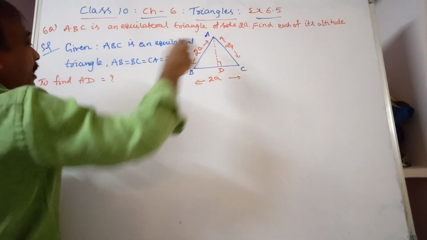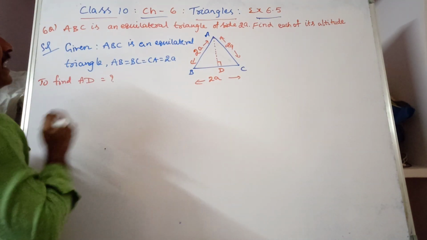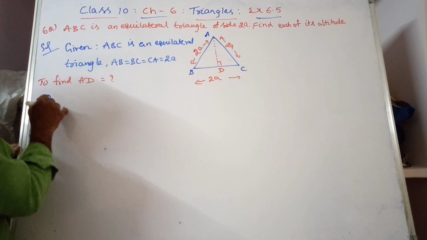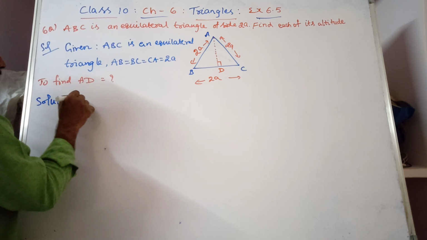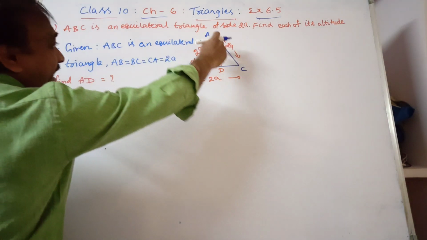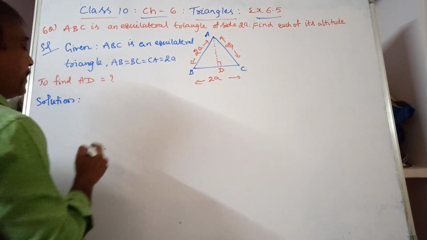So each altitude, what is AD here? AD is the perpendicular. Observe it: AD is the altitude, which is nothing but the perpendicular.